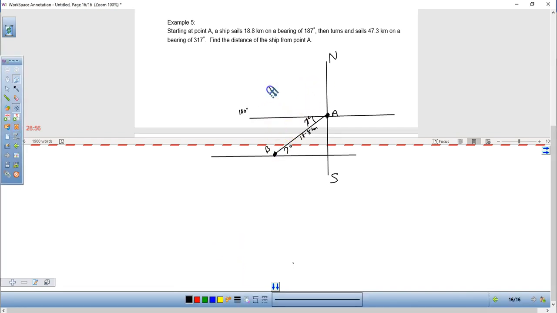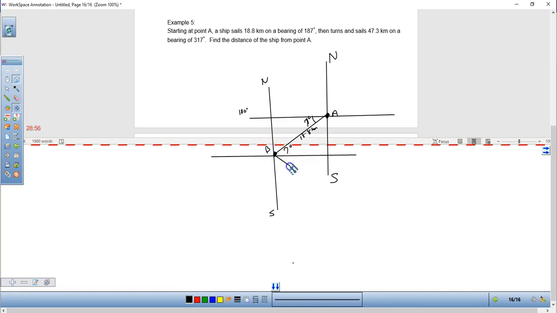Now we do have to understand yet again, we're traveling true north this way, true south this way. This is almost like another coordinate plane. And I'm traveling 317 degrees. Well, 317 degrees is down here. There's 180, 270, 360.